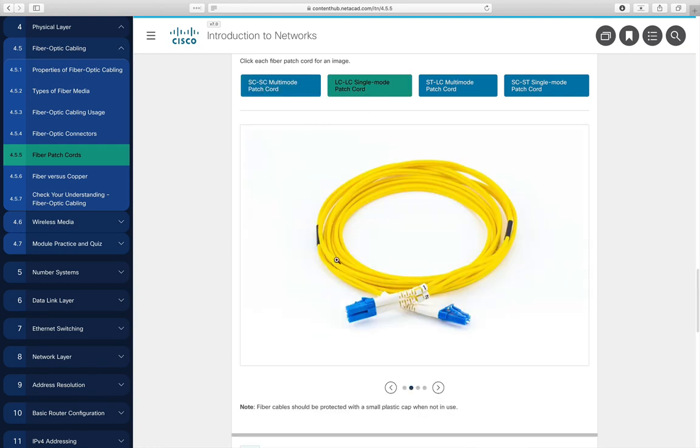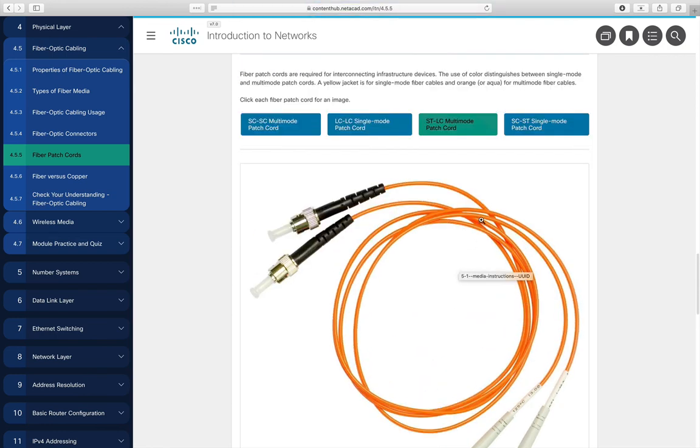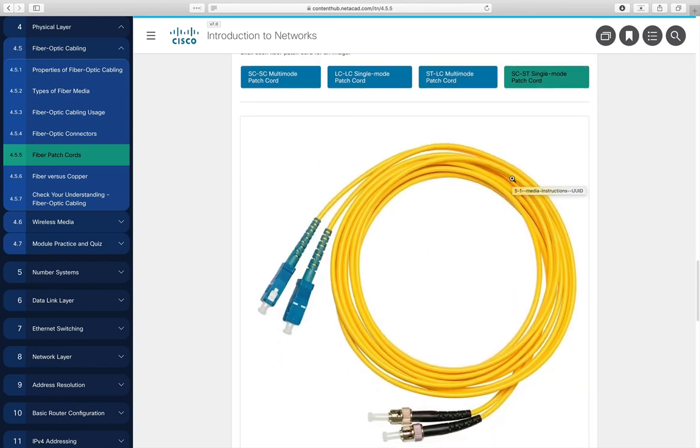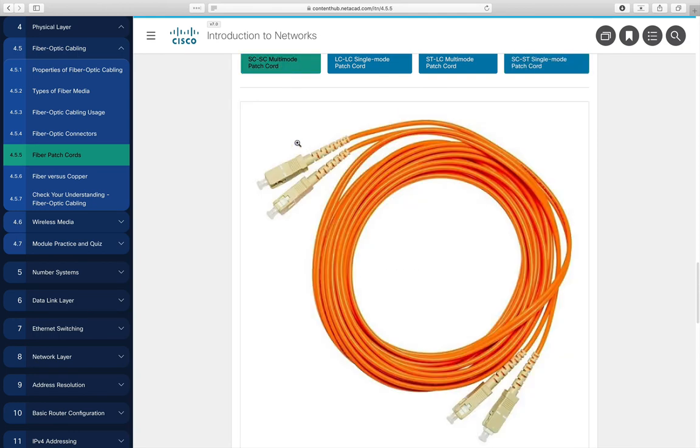Here we have LC on both ends, but we can go straight through to LC or SC to straight through. So, depending upon what patch panel or what device or what piece of equipment we're plugging in, we may need different types of connectors on the end of the cable, or like in the case here, now they're both SC connectors.